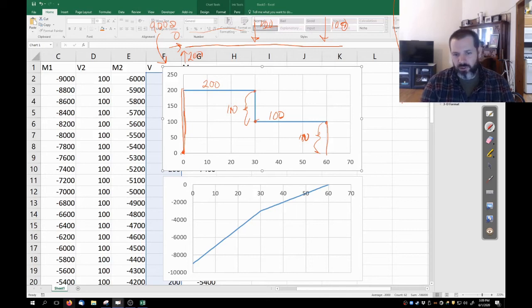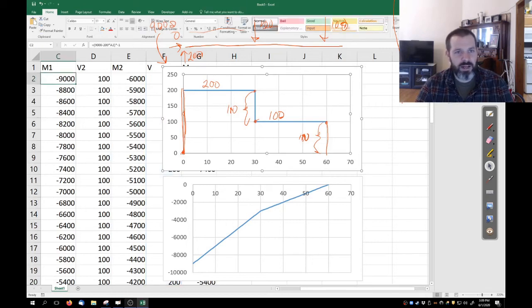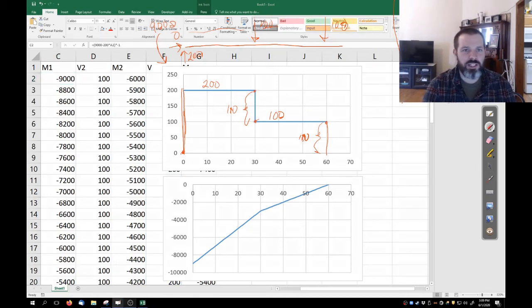Now, you'll just have to believe me on this, or maybe you don't, but if we look at M1, M1 begins at minus 9,000. That minus 9,000 corresponds to the reaction moment of 9,000 right here.